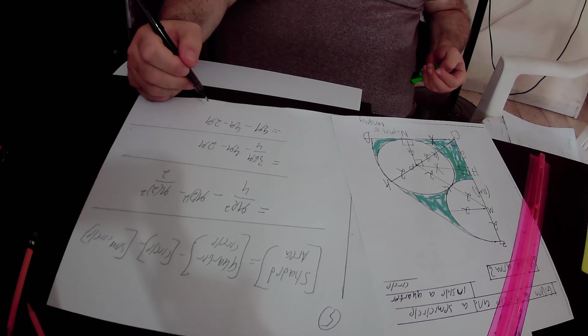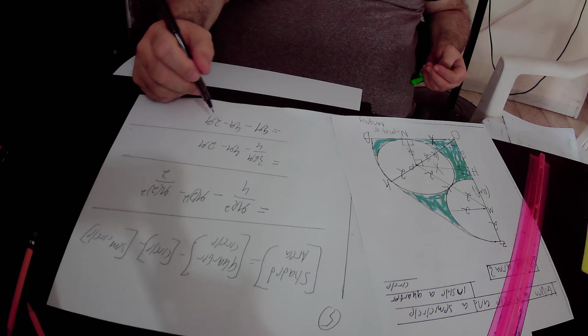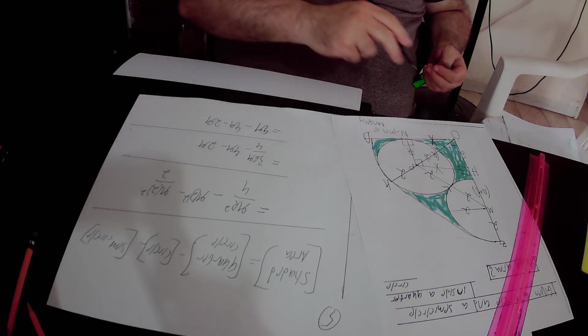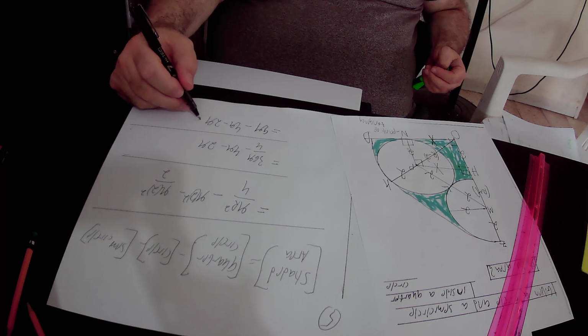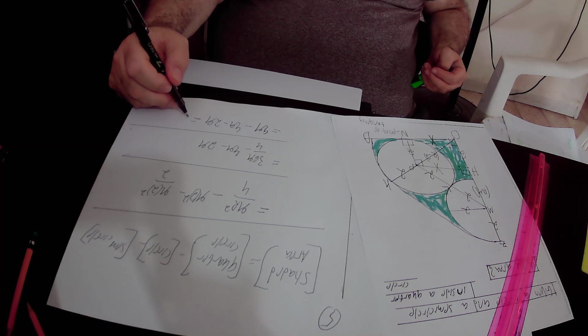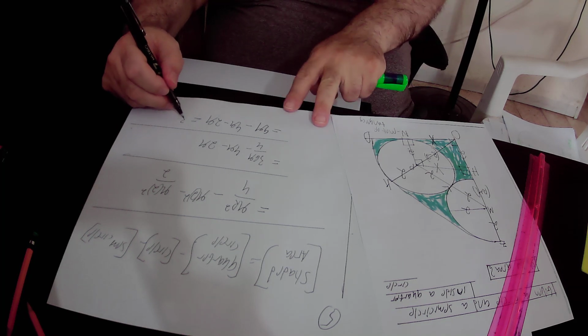This is actually the value of the shaded area. Okay? So 9 pi minus 4 pi is 5 pi, and 5 pi minus 2 pi is 3 pi.